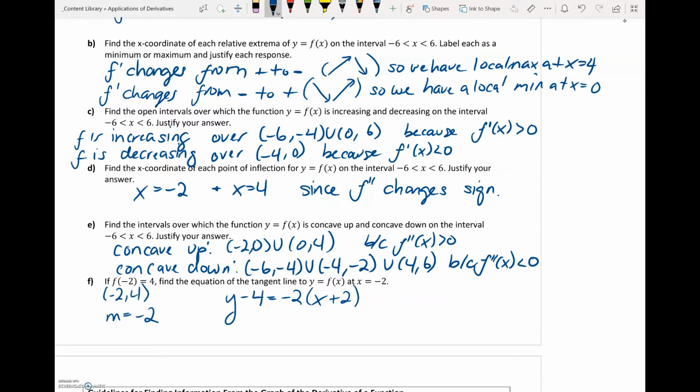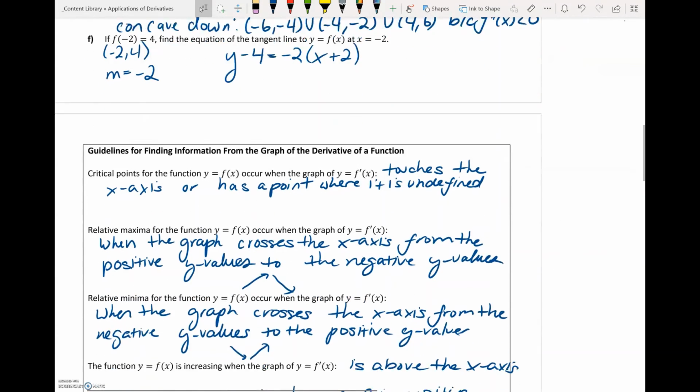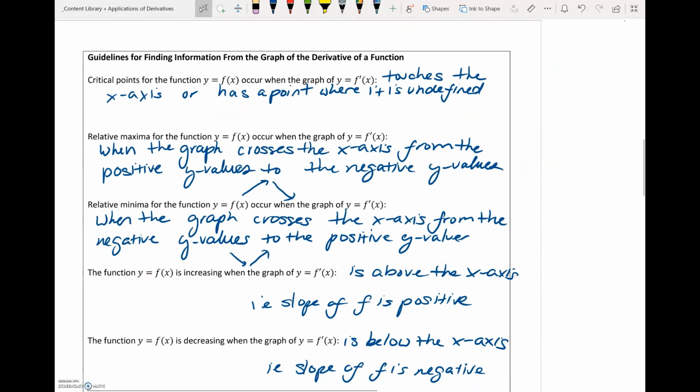So now we're going to go on to the next page and summarize everything that we've done. These are your guidelines for finding information from the graph of your derivative, the graph of f prime. If you want to find critical points of f, then you're going to look at points whenever f prime touches the x-axis or has a point where it is undefined, because we're looking for f prime of x equal to 0.